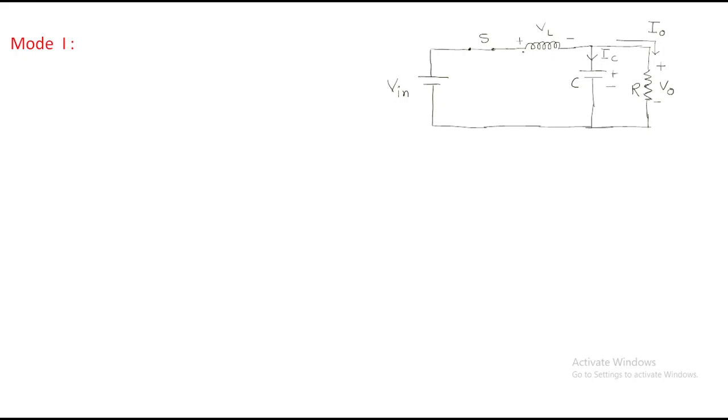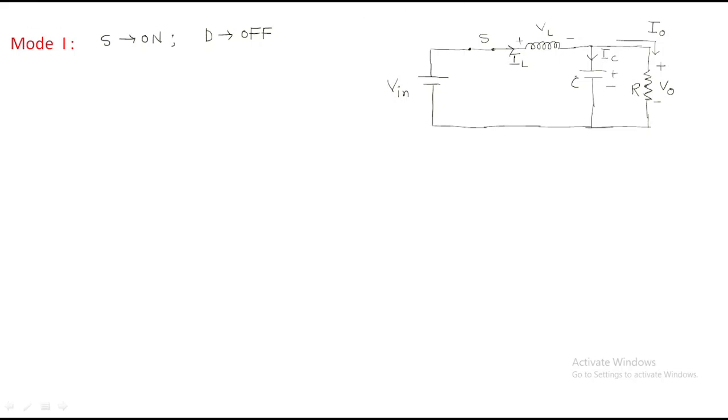The capacitor will take the current IC, the inductor current is IL, and some I naught current flows into the voltage V naught. This is mode 1. Mode 1 means the switch is on. Whenever the switch is on, automatically the diode will be off.